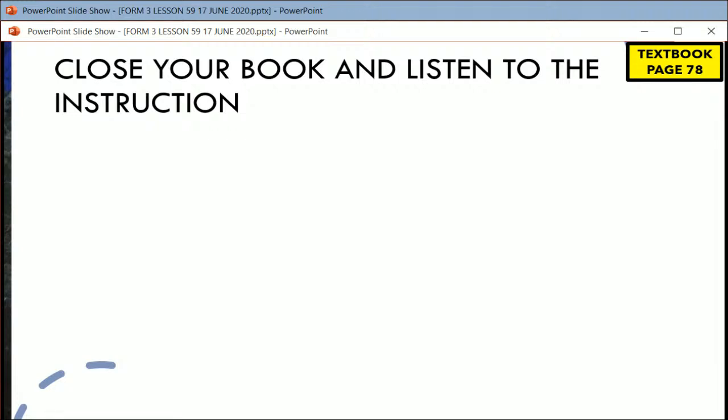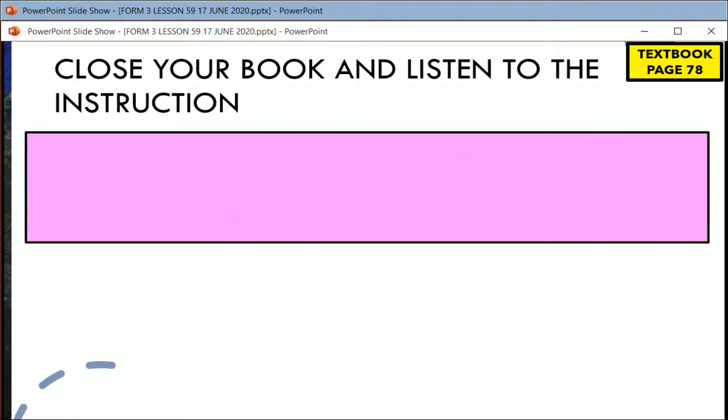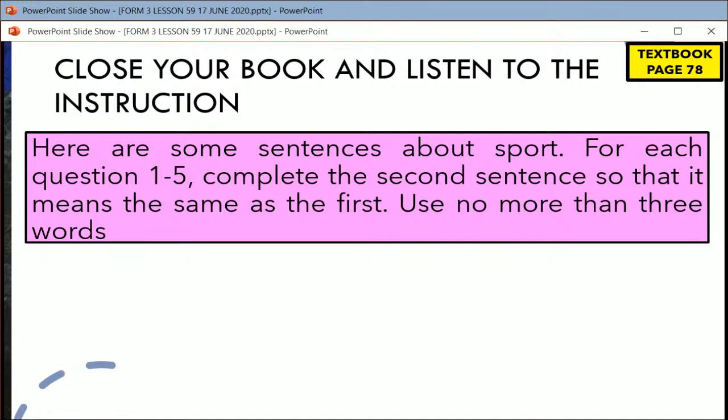Trying to listen without any text. All right, so this is the instruction in your textbook, right? Cheryl said nope. Okay, good. Some people are audio people, meaning that when they listen, they can understand. Some people are not. They are visual.